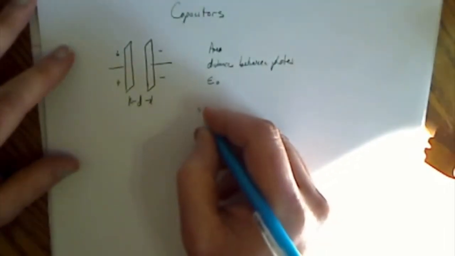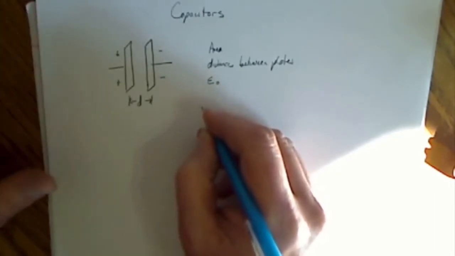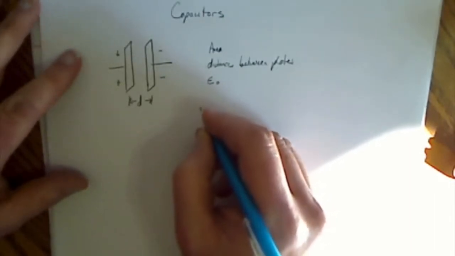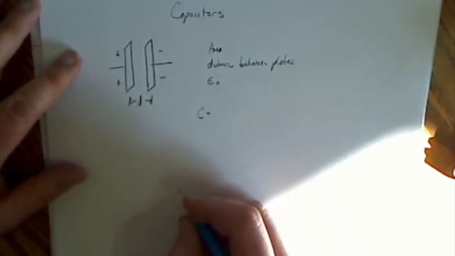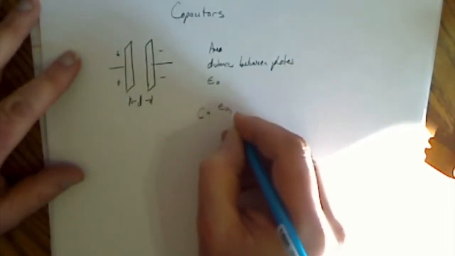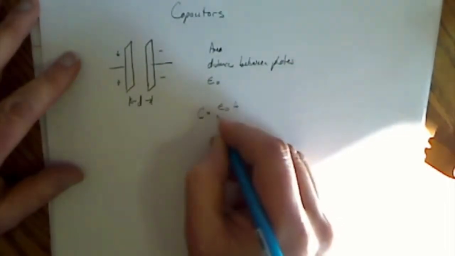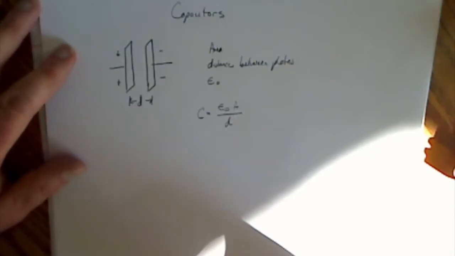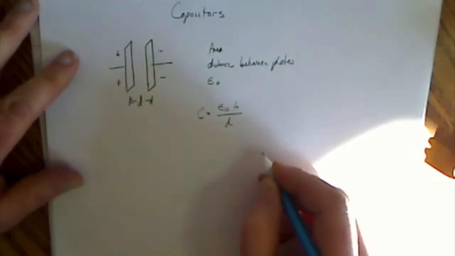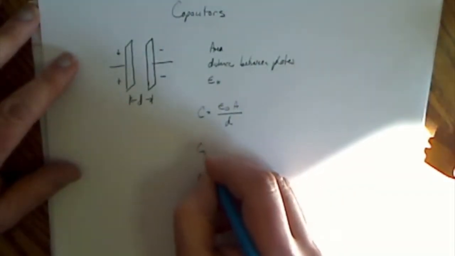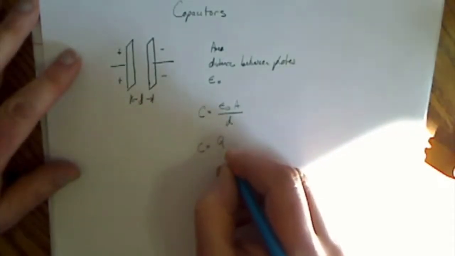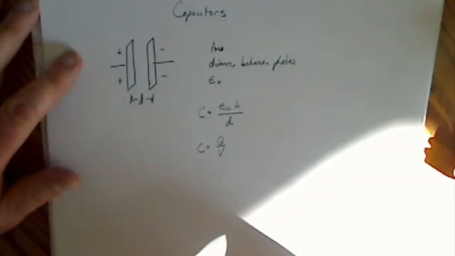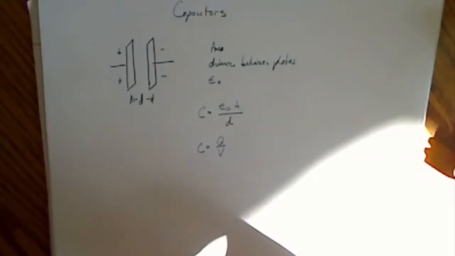Now there are two equations you need to know, which we went over on Friday. First one is that the value of a capacitor is based upon the permittivity of free space, times area, divided by the distance between the two plates. Now, if you know the capacitance, you can figure out how much charge is going to be across that capacitor for any set voltage.